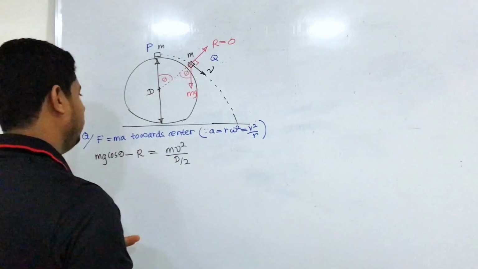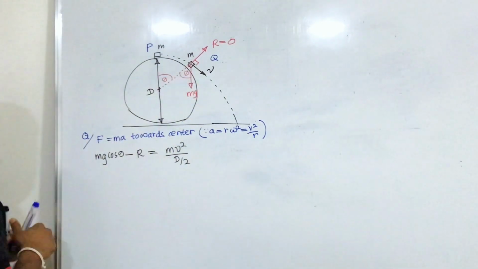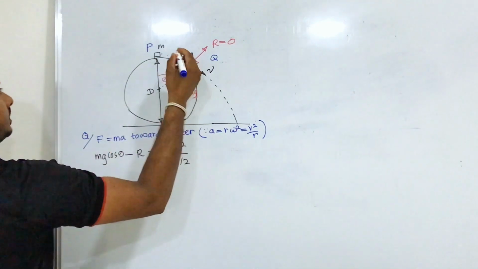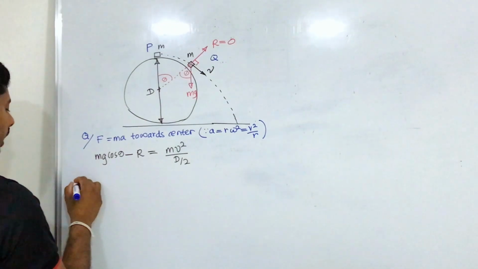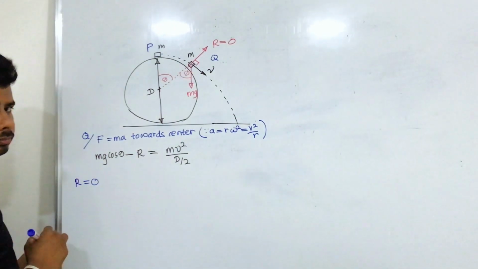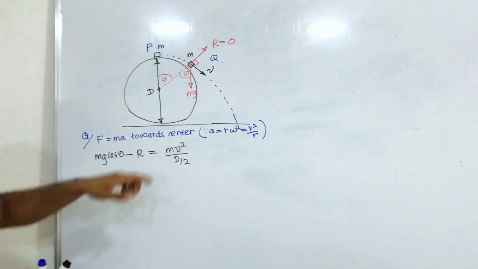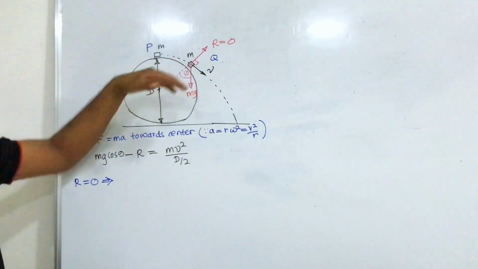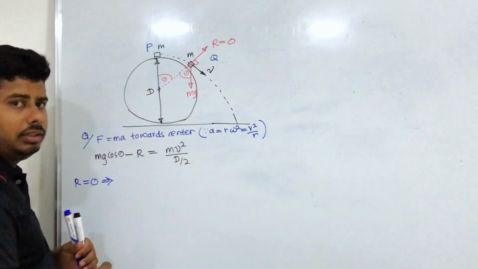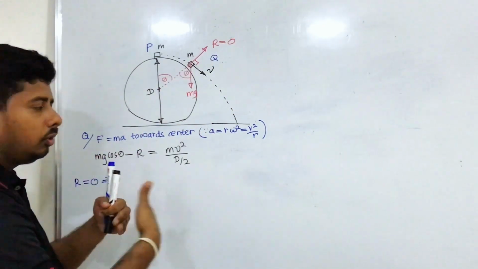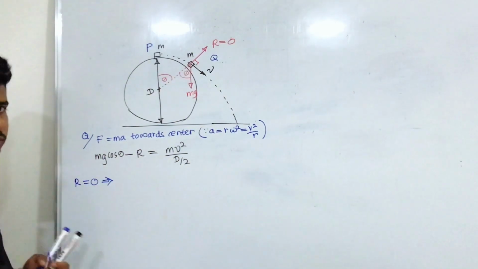So we can take the logic that when this bead leaves the surface of the sphere, R goes to 0. That is very crucial, because there is no contact between the sphere and the bead when it leaves the surface. The only way the reaction force can exist is with contact. When there is no contact, no reaction force. So you can apply R equals 0.